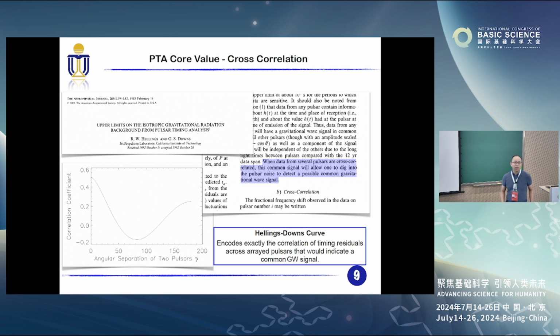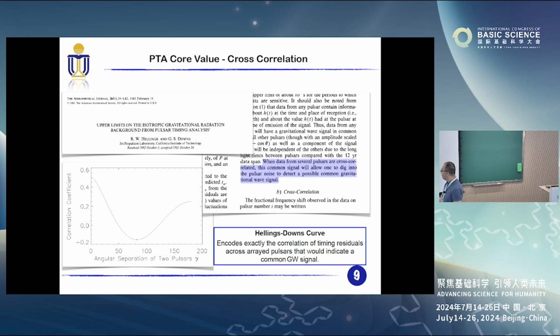And the Hellings and Downs curve, which is known probably to many of us, encodes exactly the correlation of timing residuals across arrayed pulsars that would indicate a common gravitational wave signal. And here, this left panel shows exactly this Hellings-Downs curve.